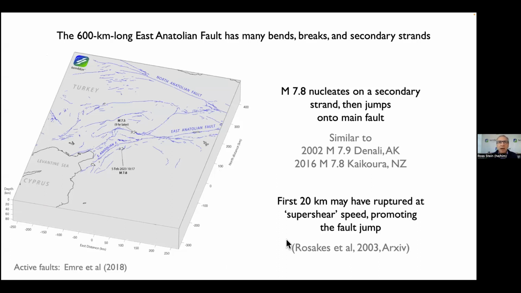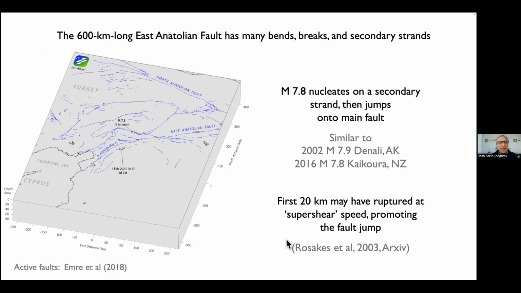And that creates kind of unique conditions that may have promoted its ability to jump. So it's a very fast freeway entrance from this little mangy side fault to the main one.